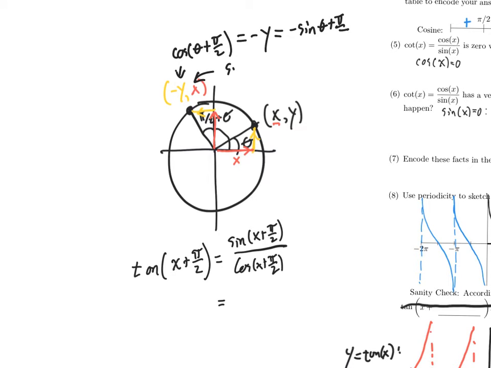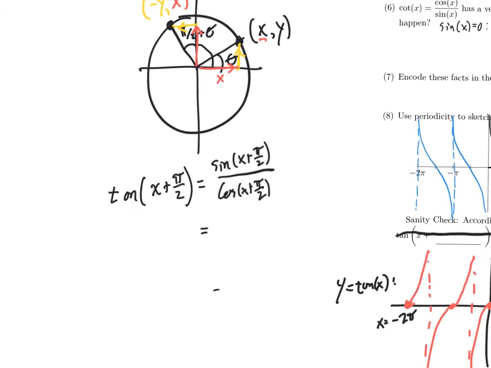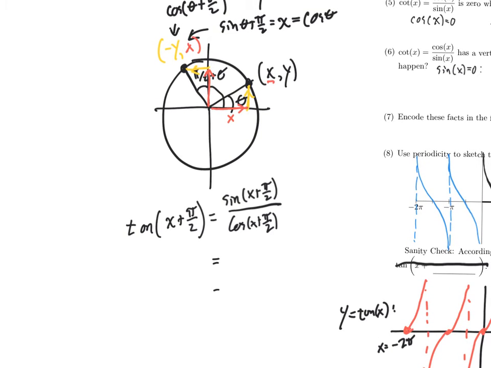This says that sine of theta plus pi over 2 is the same as the old x coordinate. Well, that's the same thing as cosine of theta. So that gives me the two identities. Sine of x plus pi over 2 is the same as the cosine of x. The cosine of x plus pi over 2, on the other hand, is negative the sine of x, and we see that's the same thing as negative cotangent x.